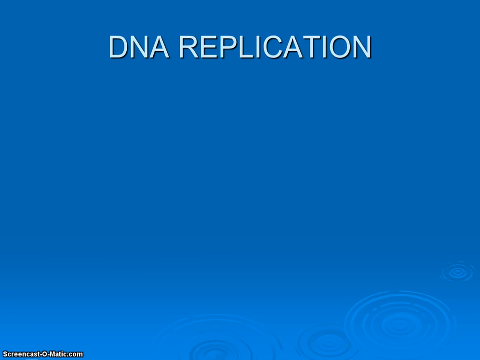So let's remember with our base pairing rules that DNA is essentially almost like a ladder, with the rungs of our ladder being composed of our bases, A's, T's, C's, and G's. And remember, again, with base pairing, adenine always pairs with thymine, cytosine always pairs with guanine.